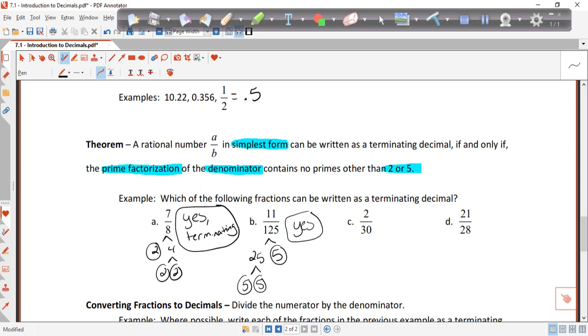The next one, 2 over 30, is not in simplest terms. So we first have to simplify it. And this will be 3 times 5, which are both primes. But it's not made up of only 2 or 5, so this one would be no, it does not terminate.